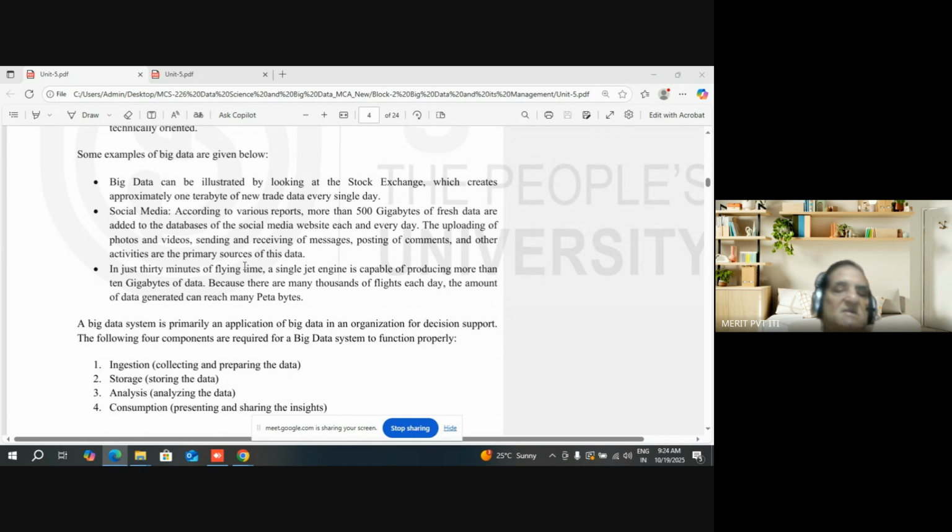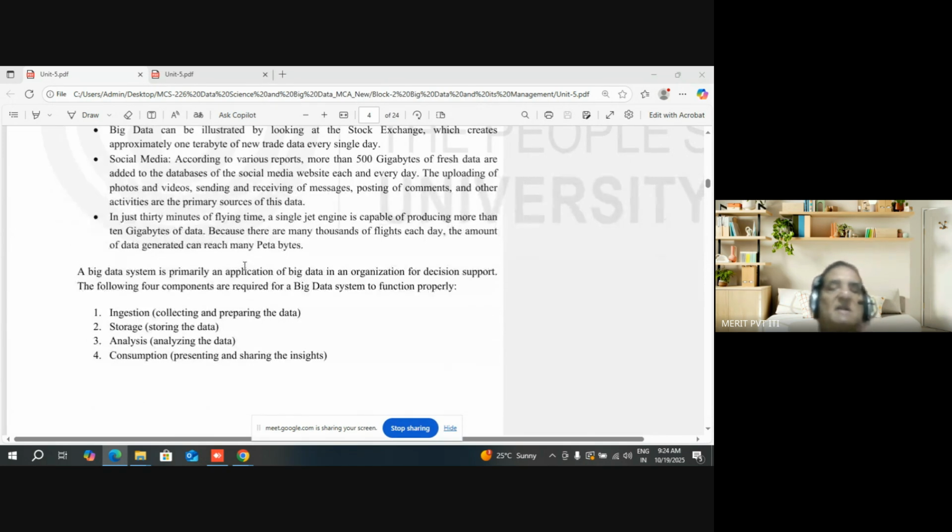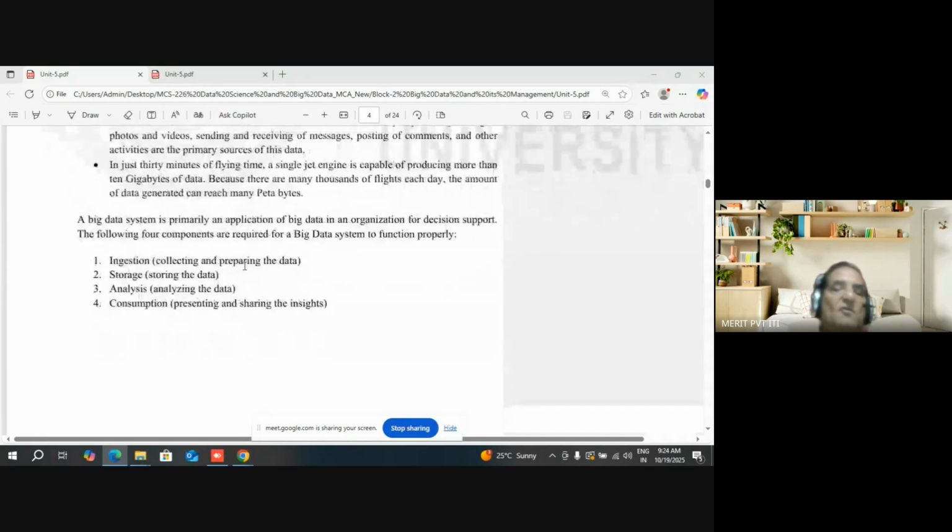A big data system is primarily an application of big data in an organization for decision support. The following 4 components are required for big data: ingestion, collection and preparation of the data, storage, analysis, and consumption. So these are the 4 important things which we discussed earlier also.